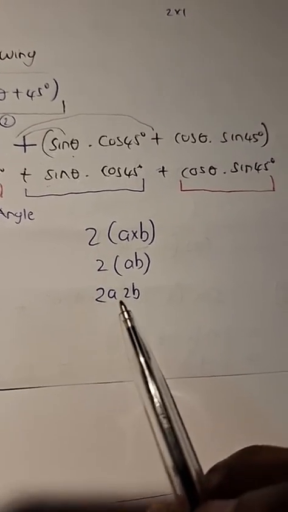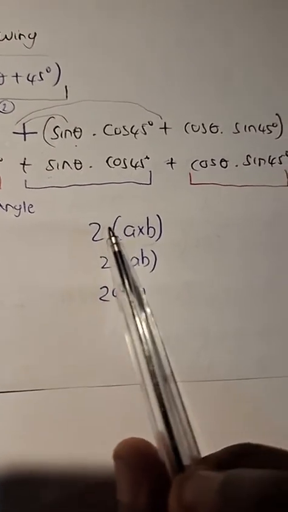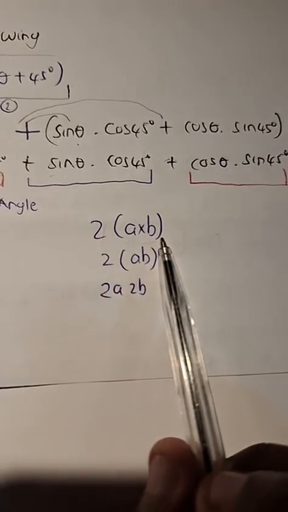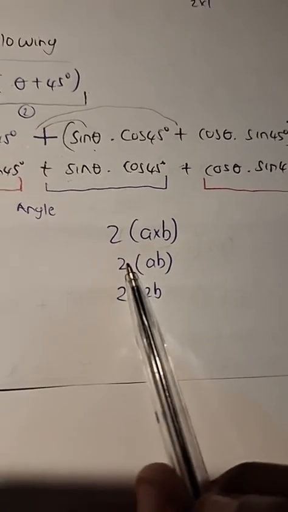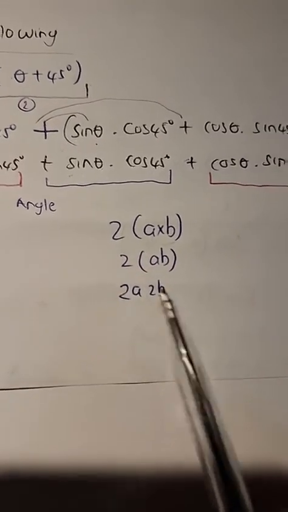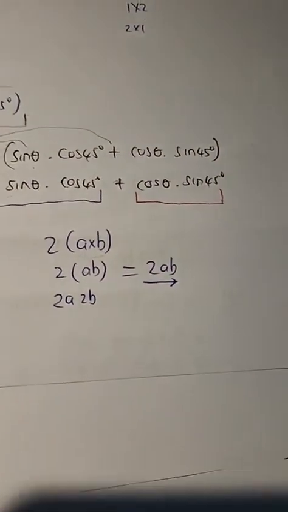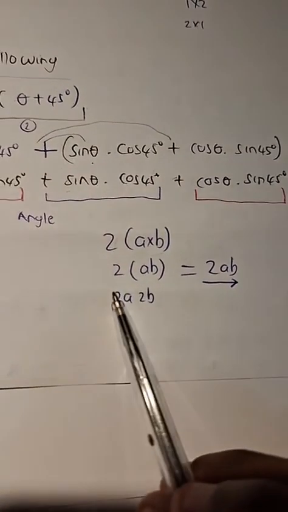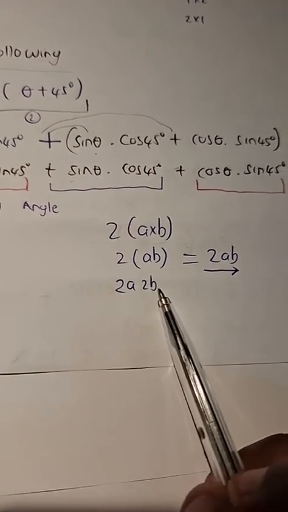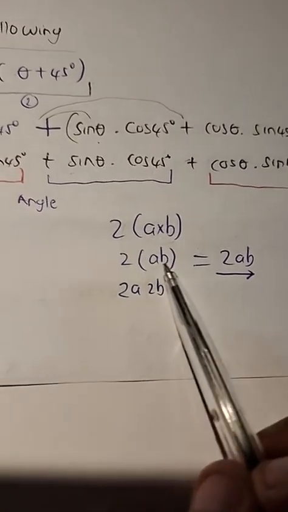So Omolimo, you can't say that. I'm glad you asked the question. 2 into a times b is actually equal to, what's 2 times ab? It's not 2a 2b. This is equal to 2ab. So you can't say 2a 2b. The relationship between a and b is multiply.